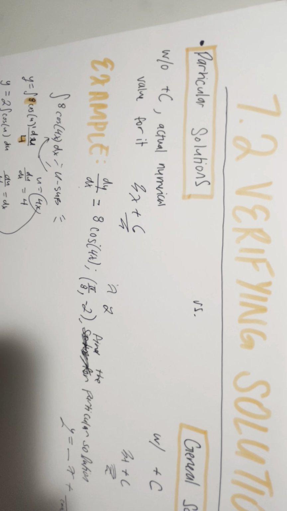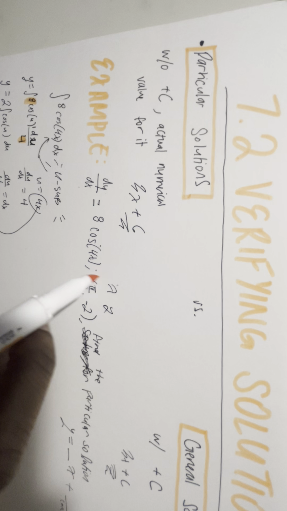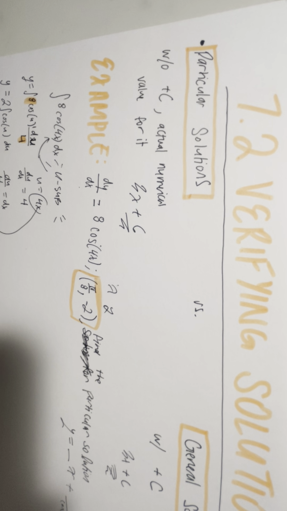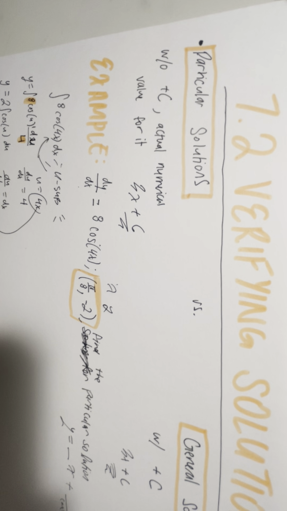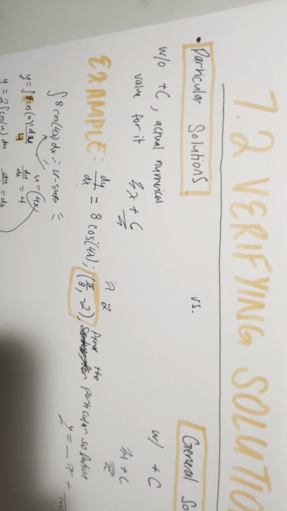And now to solve for c, we're using the points that they had given us. We're just going to plug them in. So this is going to be negative 2 equals 2 sine of pi over 2, and of course we're keeping this plus c for now because we're about to solve for it.